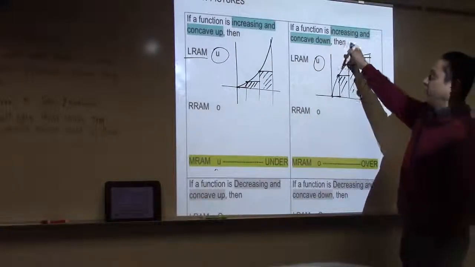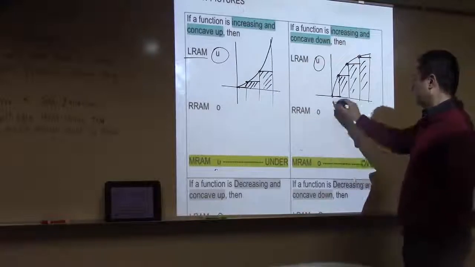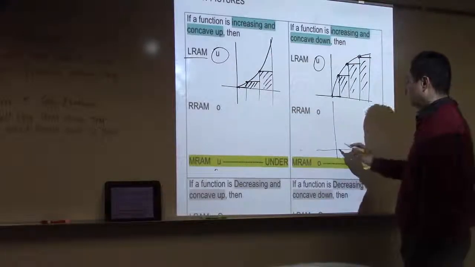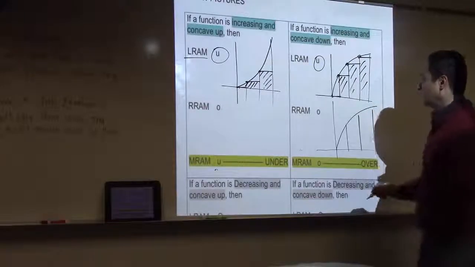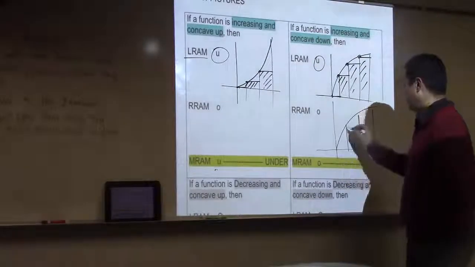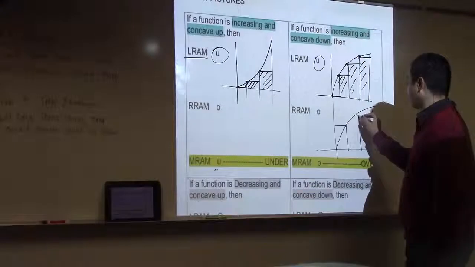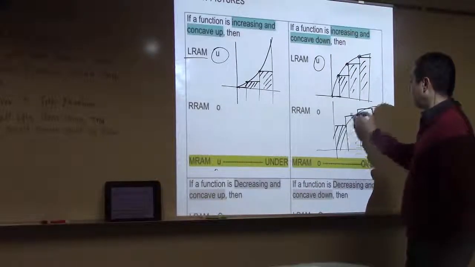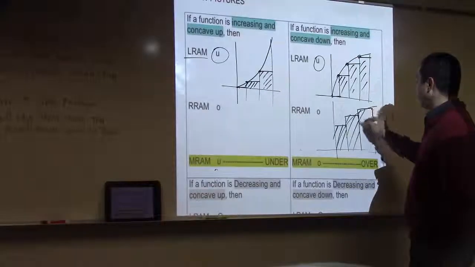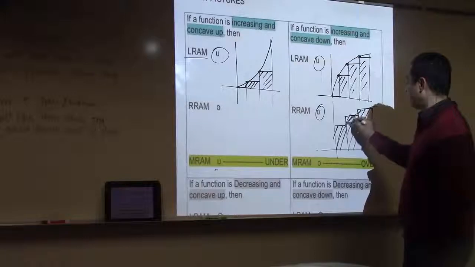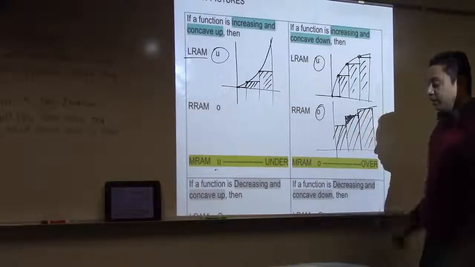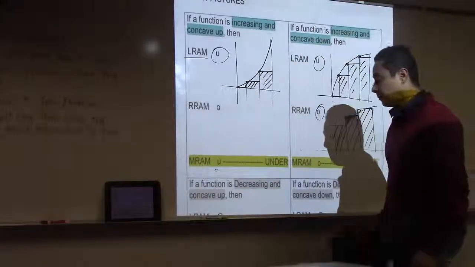Same graph, but I want Rram. Dots need to be on the right side. So you can see that this is really going to be an over approximation because those little corners are going above the graph. Okay?